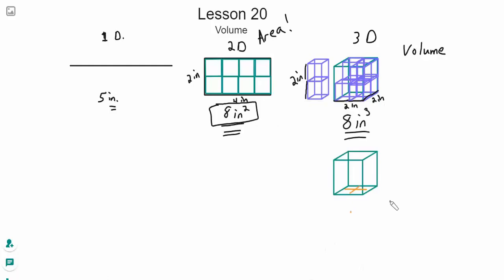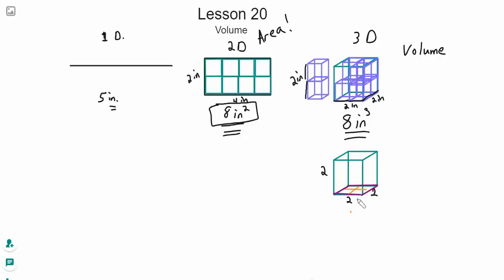Remember we said this is 2 inches, and this is 2 inches, and this is 2 inches. Well, we can find the area of that bottom box, right? So if I take a different color here and emphasize what we're trying to do, we're trying to find the area of this bottom of the cube. Okay, there's the bottom.